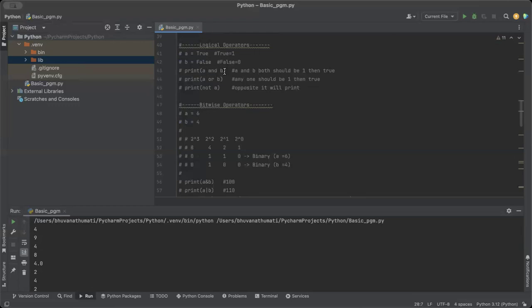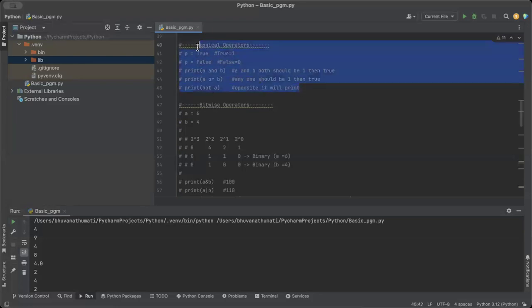So both should be 1, then only it is 1, that is true. In the OR table, if A or B, anything is 1, if A is 1, B is 1, or A is 0, B is 1, or A is 1, B is 0, then the output will be 1, that is true. If A is 0, B is 0, then only it is 0 in the OR table. Not: if A is 1, then not of A is 0. If A is 0, not of A will be 1. So these are the truth tables of and, or, not.